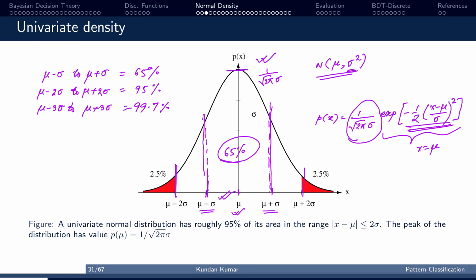So this is called the 2 sigma limit, and this is called the 3 sigma limit. In many statistical processes, these two limits are very important, as in many processes we control by considering these limits. So this was the univariate normal density function, which is defined by the mean and variance.